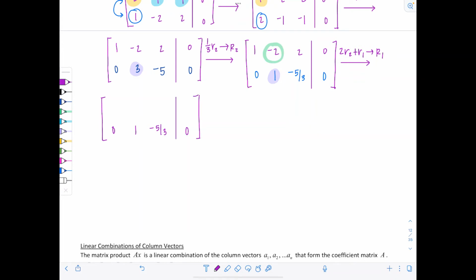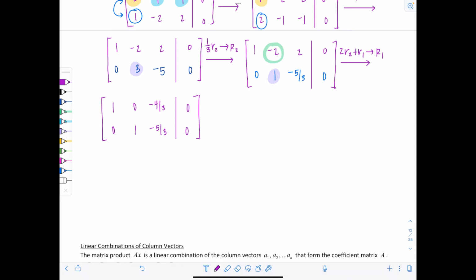And then we're going to fill in now. So this is going to stay a 1. This becomes a 0. Now just think. 2 times -5/3 is -10/3 plus 6/3 is -4/3. Okay. And then this is still 0. Okay. That's as good as it's going to get, right?